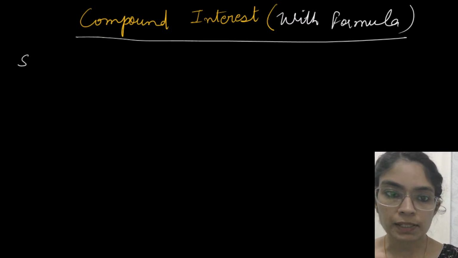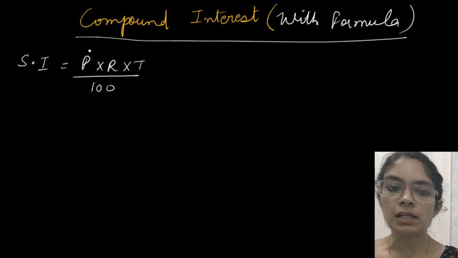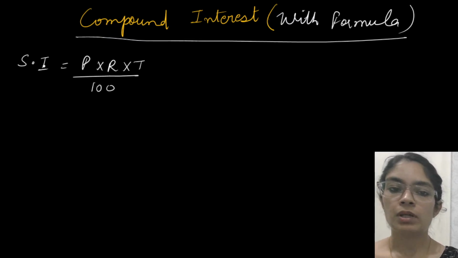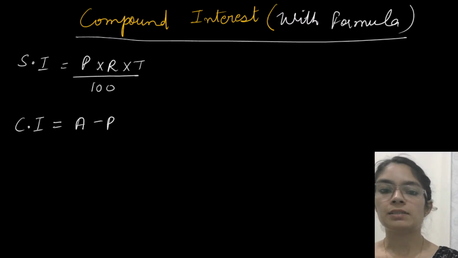First of all, simple interest formula you should know. Simple interest is P into R into T by 100. P is principal, R is rate, T is time. Okay, so the formula of compound interest is equal to A minus P, amount minus principal.